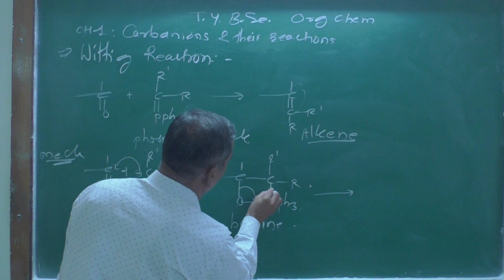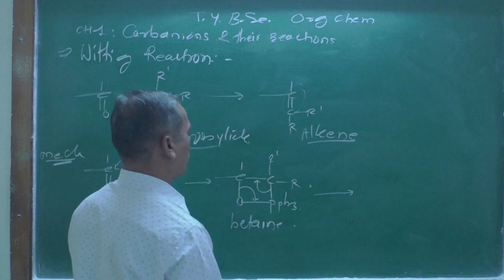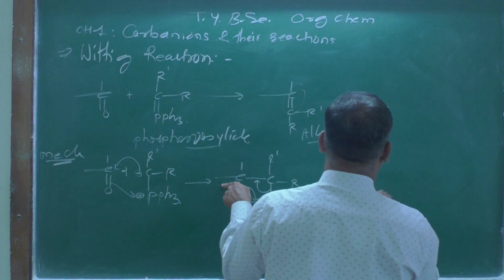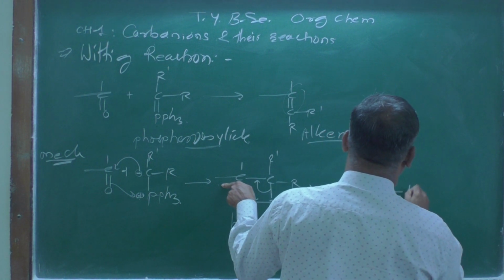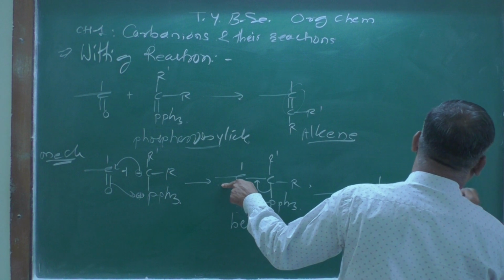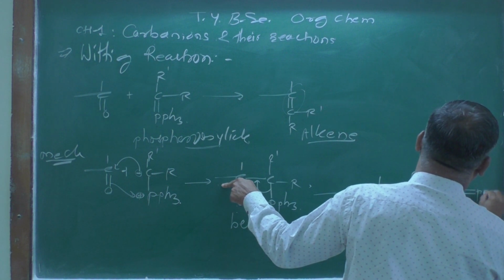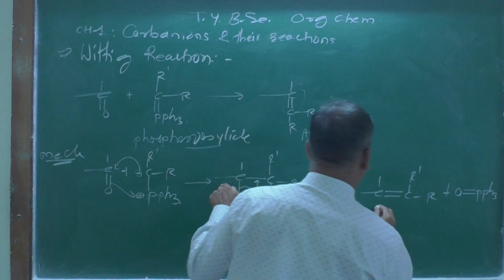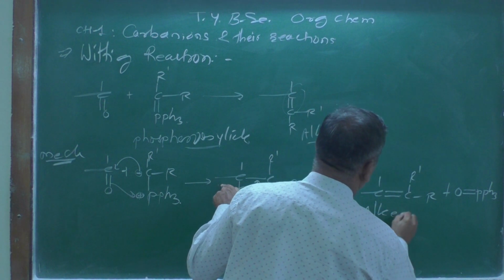You are going to get the alkene, C double bond with R dash and R, and O double bond PPh3. So this is the general alkene formation.